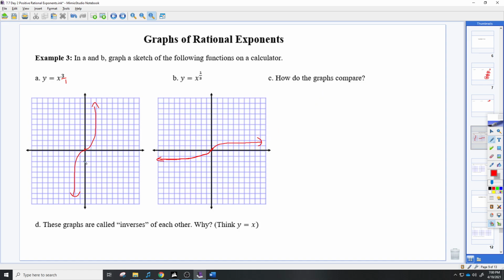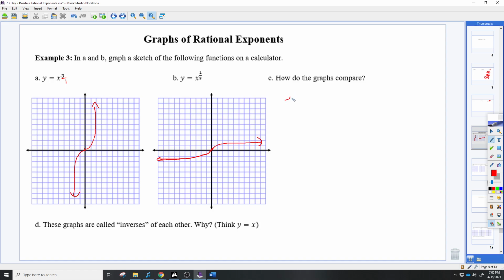Well, it looks like it's kind of the same shape, although I wouldn't say it's rotated, right? If you can't rotate that, it's actually kind of like flipped. However, it does go through the same quadrants. So how would we say that? It's like kind of flipped over and then rotated, right? So you have to flip this around and rotate.